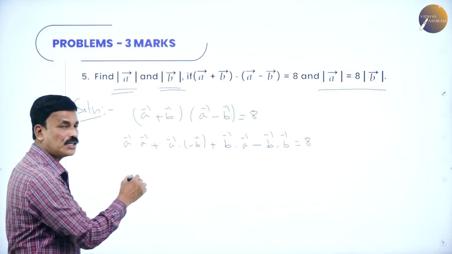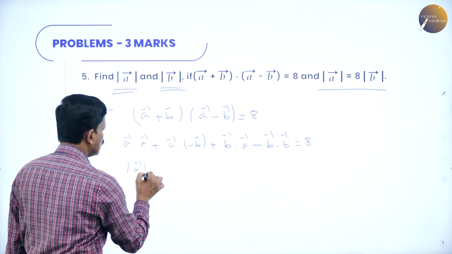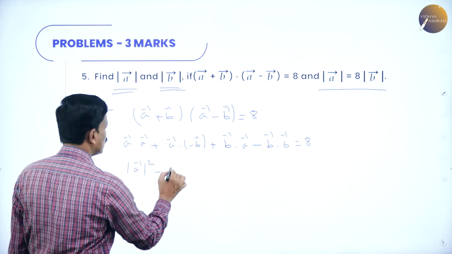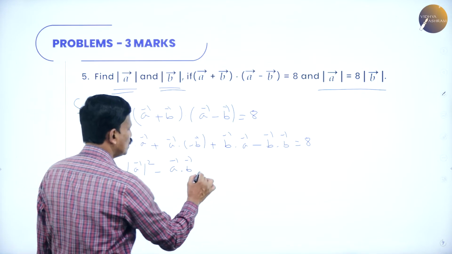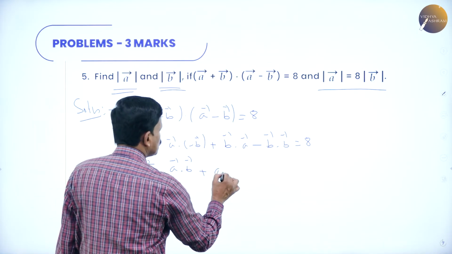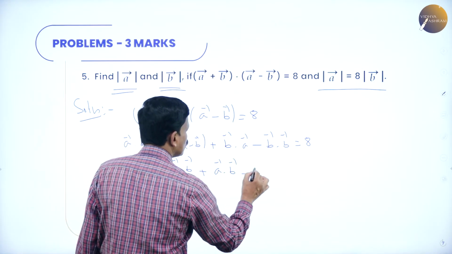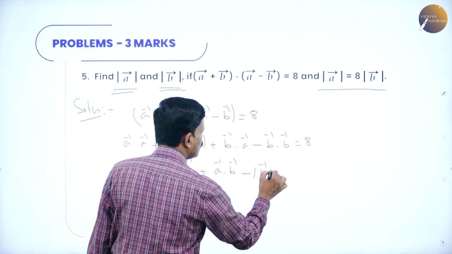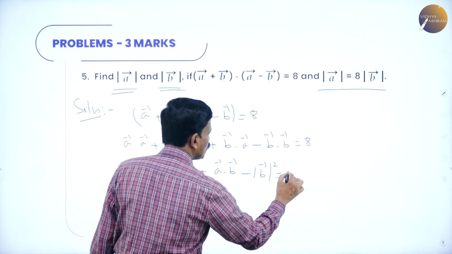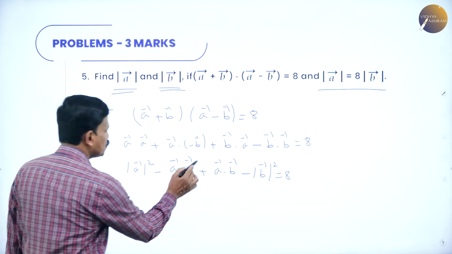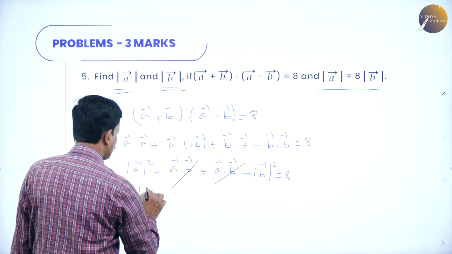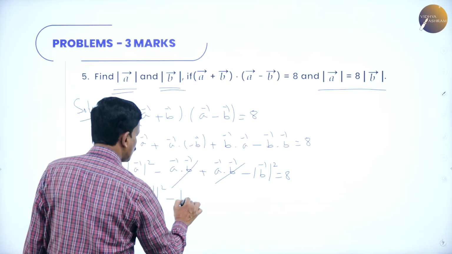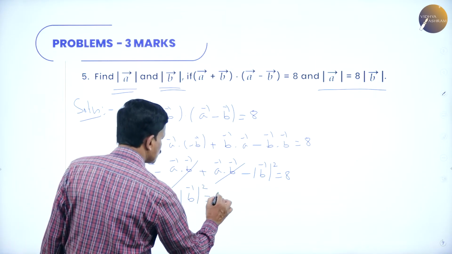So, this is A dot A, which can also be written as length of A square, minus A dot B plus B dot A, which is also A dot B, minus B dot B, and B dot B is nothing but length of B whole square. So, these two get cancelled. Minus A dot B plus A dot B gets cancelled. What is left over is length of A square minus length of B square is equal to 8.